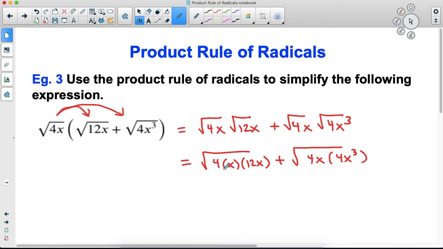Now here we're going to multiply the coefficients first. So we have the square root of 4 times 12 is 48. And then you just have times x under the radical as well. Plus the square root of 4 times 4 is 16. And then you have x times x to the 3rd.